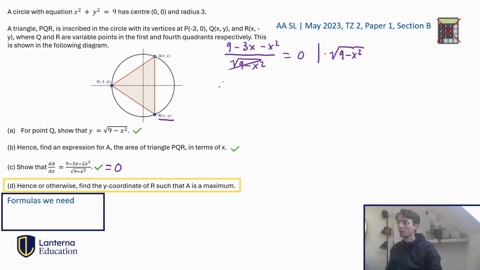So what do I have? I do my 3 dots. By the way, whenever I do these, that means therefore. I use them when I've multiplied something across or added or subtracted something on both sides. Then you have to use the 3 dots. So think of it as a therefore or because of that. I get 9 minus 3x minus x squared equals 0.